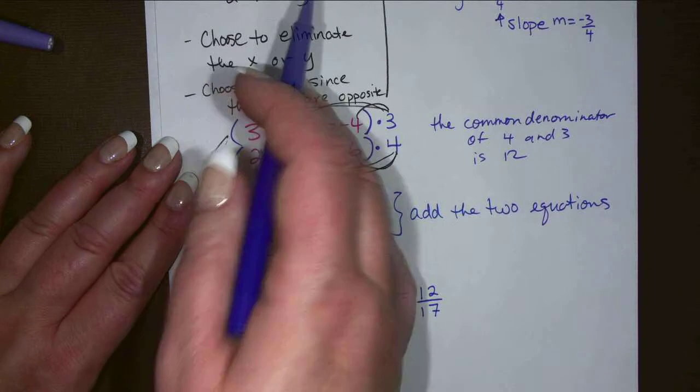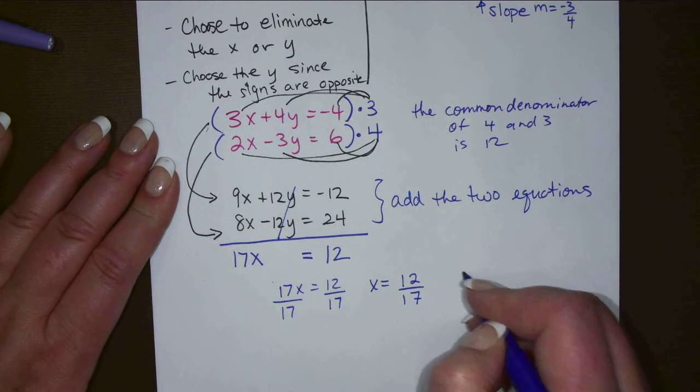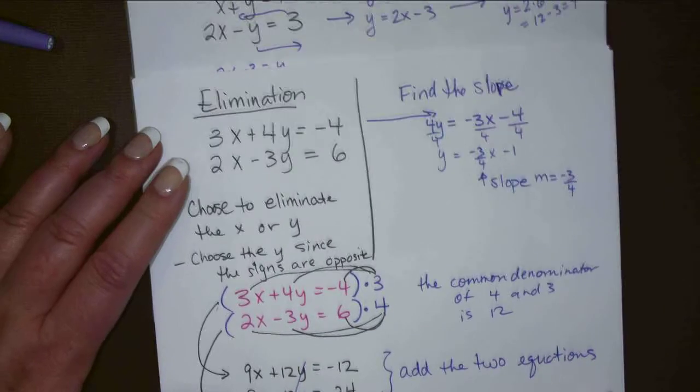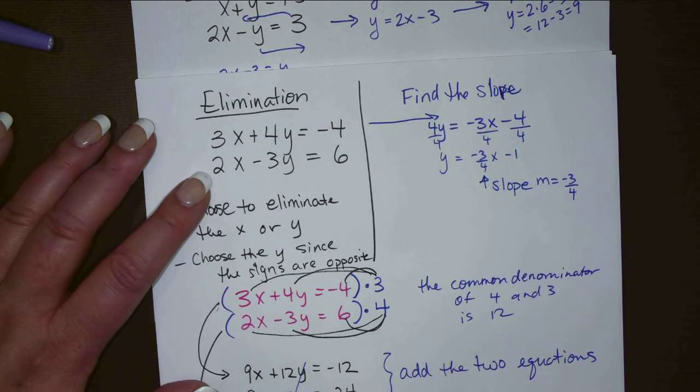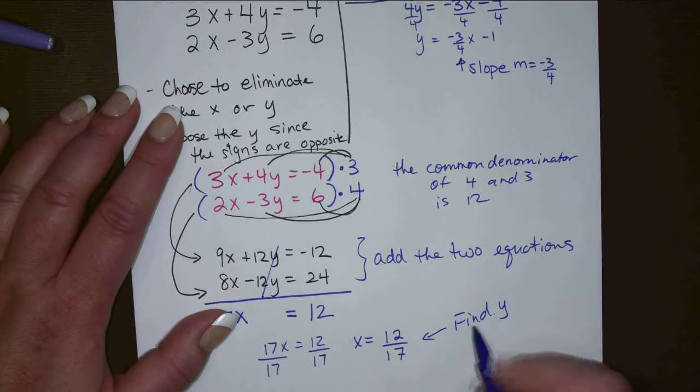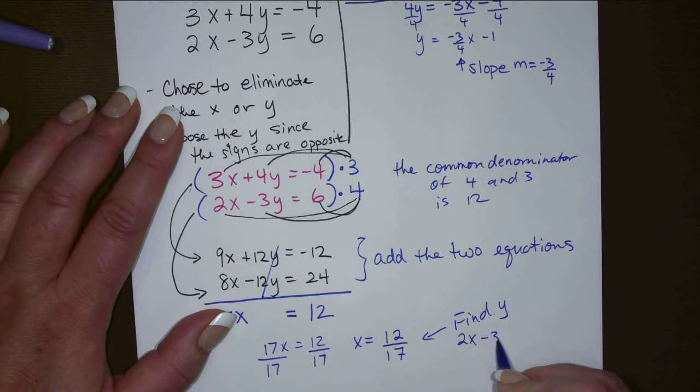Go back to the start. Which equation looks nicer? I like the second one better because the numbers are smaller, but it does have a negative in front of the y, so maybe not. These are not bad either. It doesn't matter which one. So say we did 2x minus 3y equals 6.